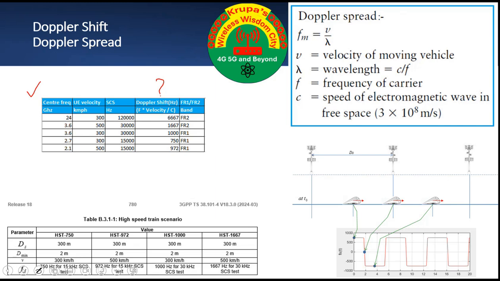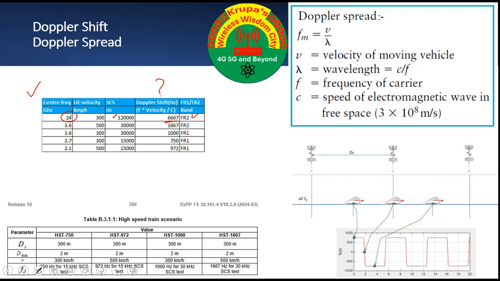Let's say, to begin with, 24 gigahertz. This is our FR2 transmission. If you transmit at that frequency and you're traveling at 300 kilometers per hour, and the sub-carrier spacing is, let's say, 120 kilohertz, the Doppler shift that you would experience is 6.6 kilohertz.